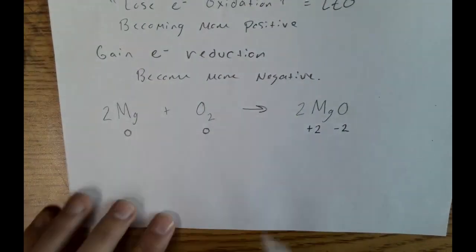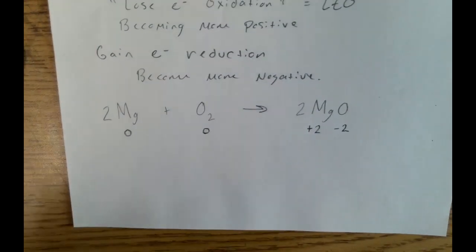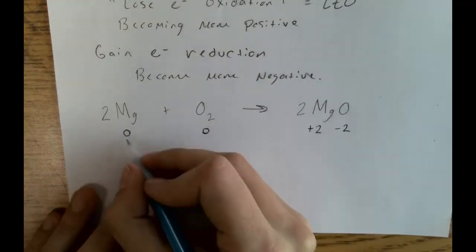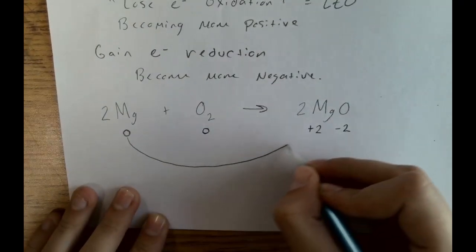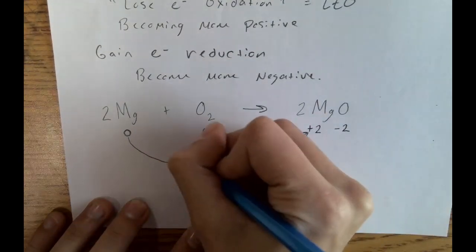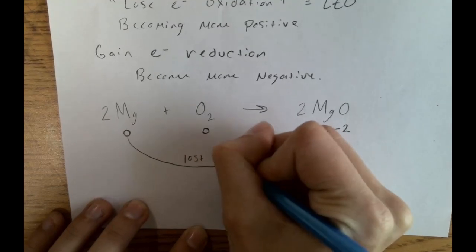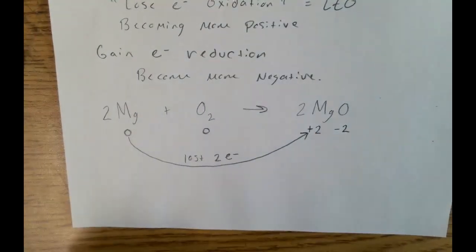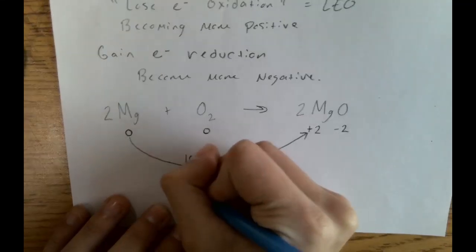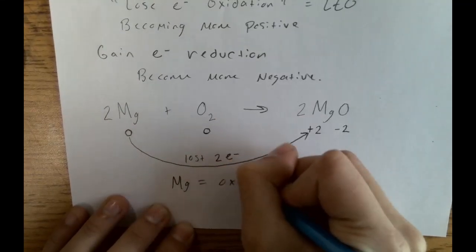So now what I want to do is figure out which species is undergoing oxidation and which species is undergoing reduction. So magnesium goes from 0 to +2. So that means it lost 2 electrons. Now, according to Leo the lion, lose electrons is oxidation. So magnesium is undergoing oxidation.